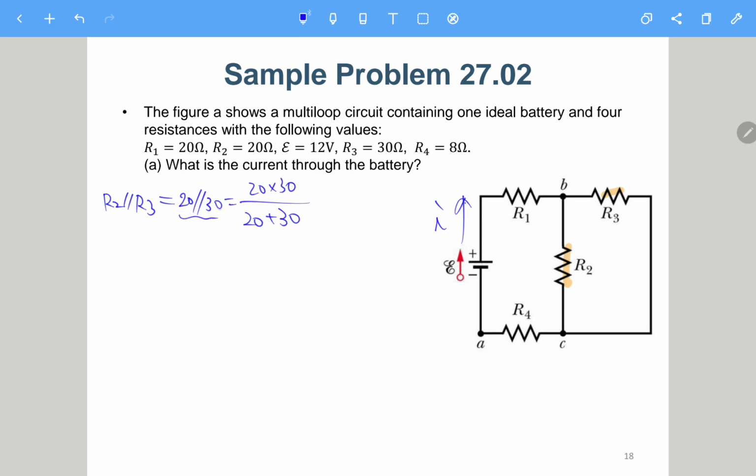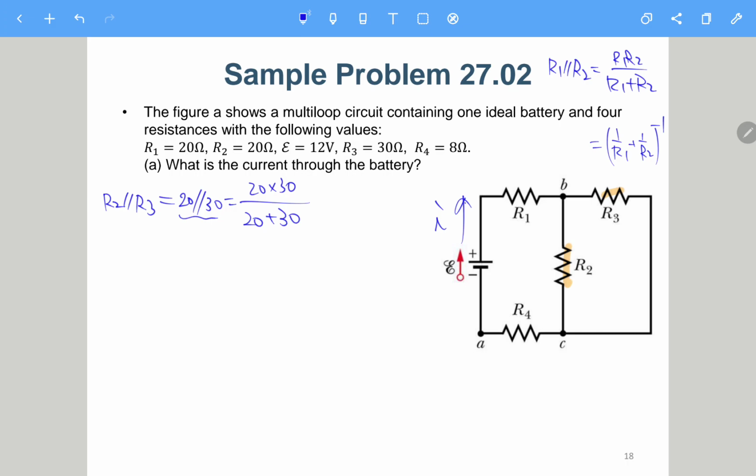If we only have 2 in parallel, R1 parallel R2 will be nothing but R1 R2 over R1 plus R2. Because it is nothing but 1 over R1 plus 1 over R2, and then take the reciprocal. So you will get R1 plus R2 over R1 R2, and then take the reciprocal of the whole thing. So it turns out to be R1 R2 over R1 plus R2.